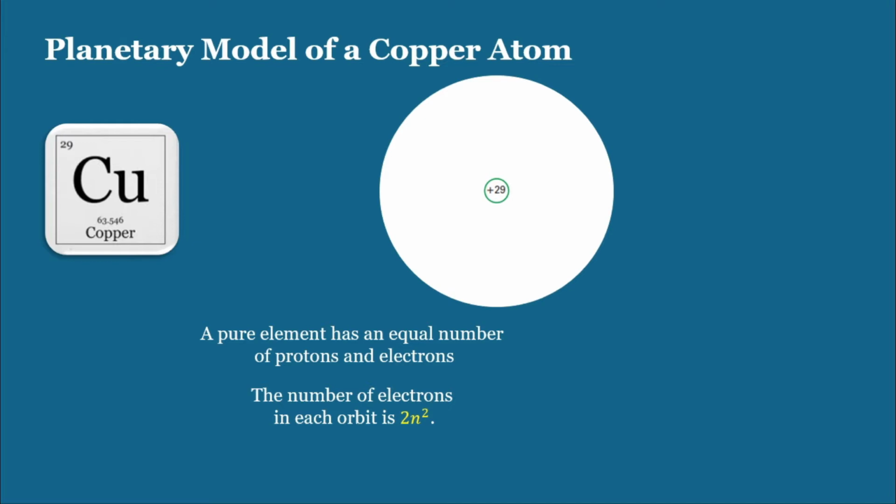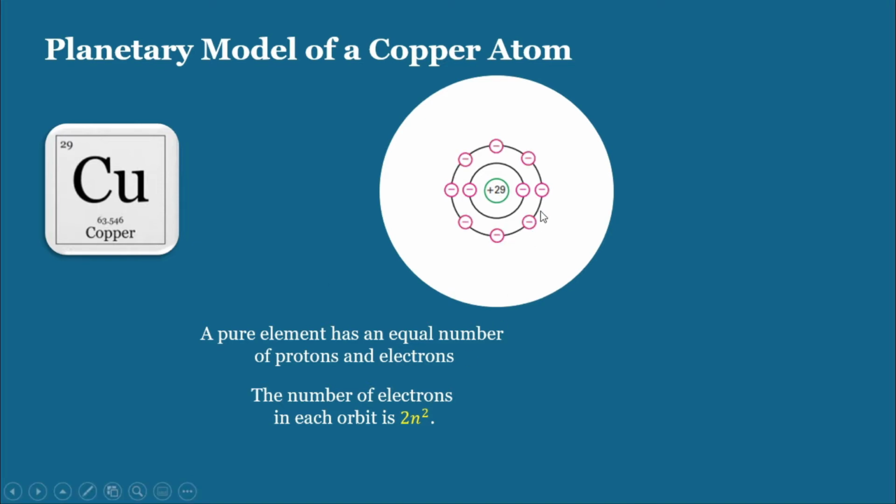So 2 times 1 squared is equal to 2 electrons. Therefore, on the first orbit, the maximum number of electrons that can fit is only 2 electrons. Now next, for the second orbit, where n is equal to 2, 2 times 2 squared equals 8 electrons. Therefore, a maximum of 8 electrons can occupy the second orbit.